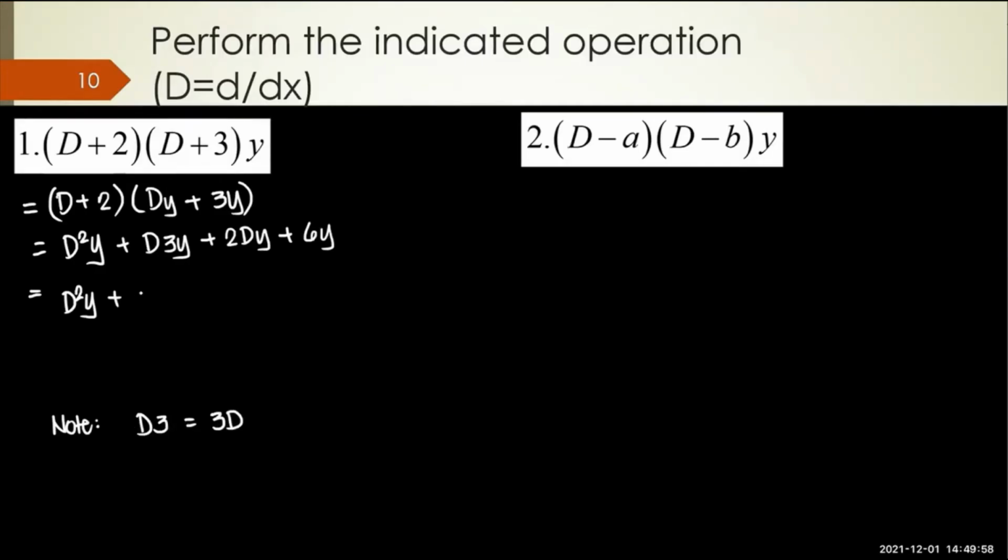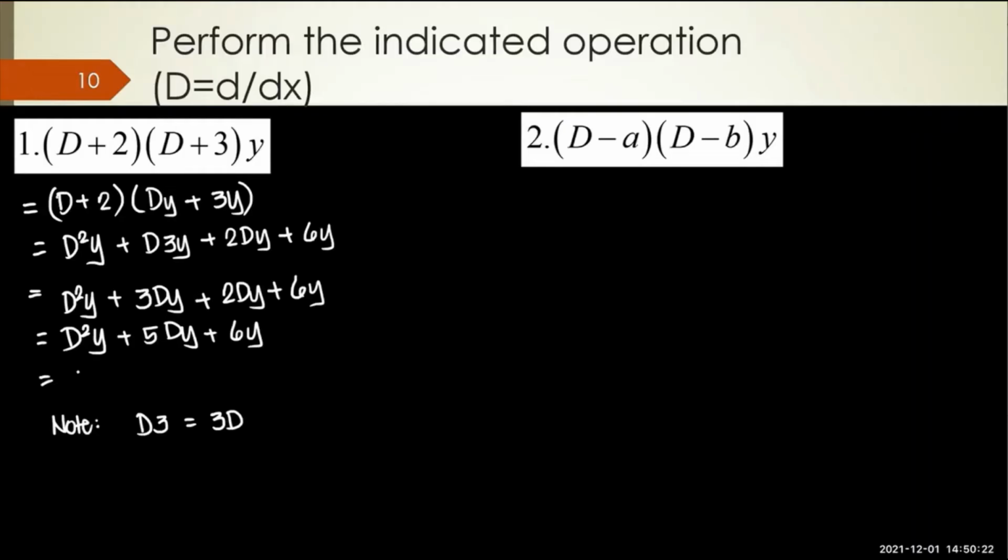So I can see that this one is 3 dy plus 2 dy plus 6y. So when I combine all of them, you can say second derivative of y plus 5 times the derivative of y plus 6y. Now, all of them, guys, have y as the variable.